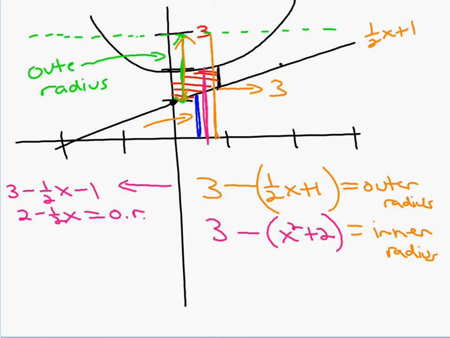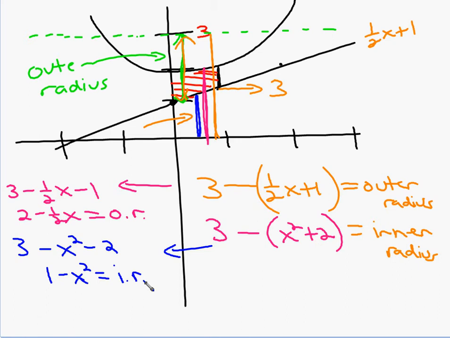Then I can take this other one and distribute, and I have 3 minus x squared minus 2. So that is 1 minus x squared, and that is my inner radius, IR.